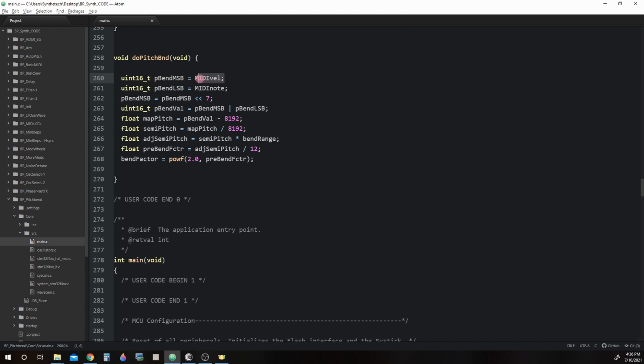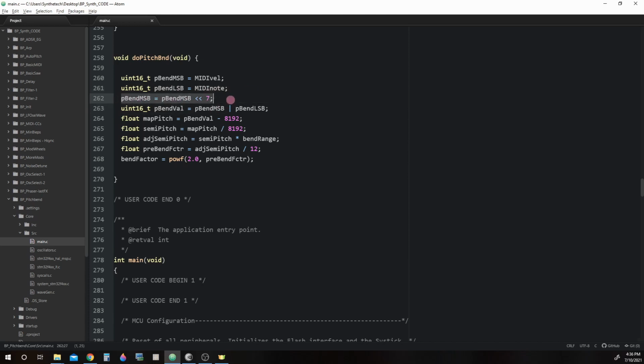So the data in MIDI velocity will be saved into pbend most significant byte, but it will be saved as a 16-bit number instead of an 8-bit number. The same thing happens with the next operation: pbend LSB, short for least significant byte, equals MIDI note.